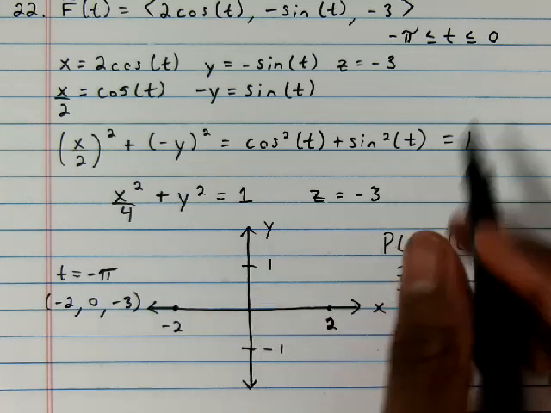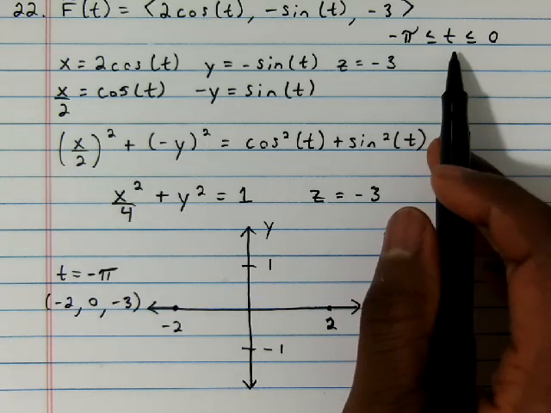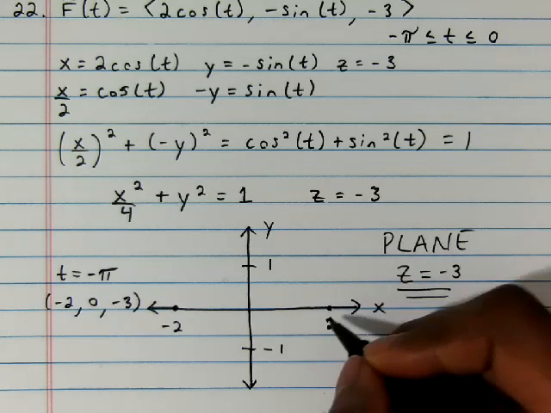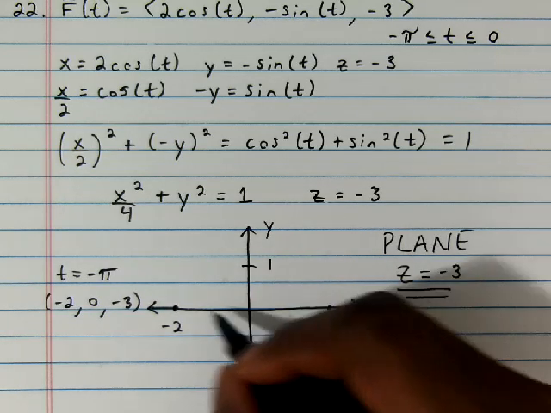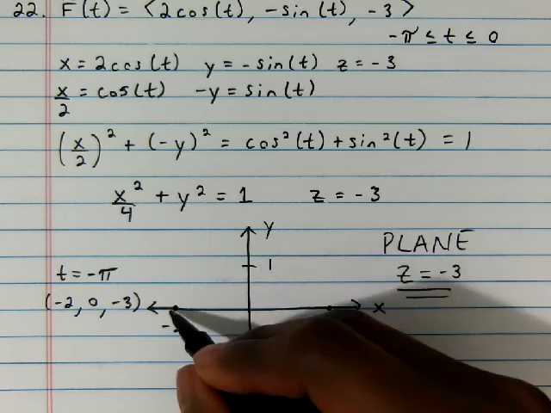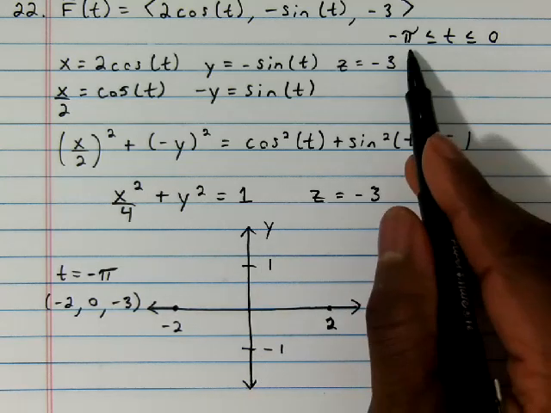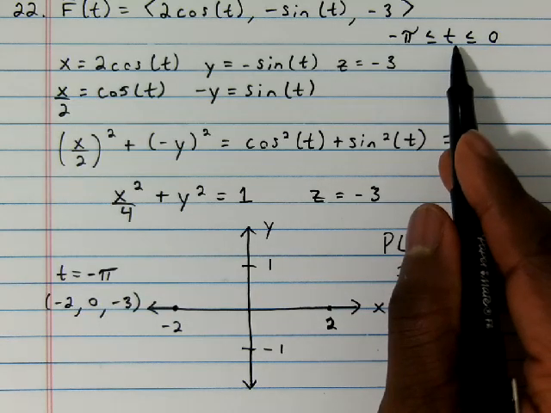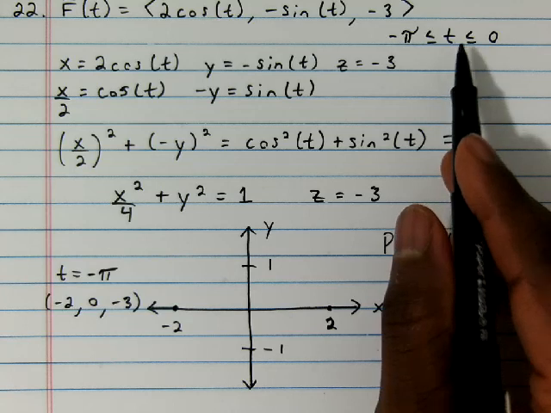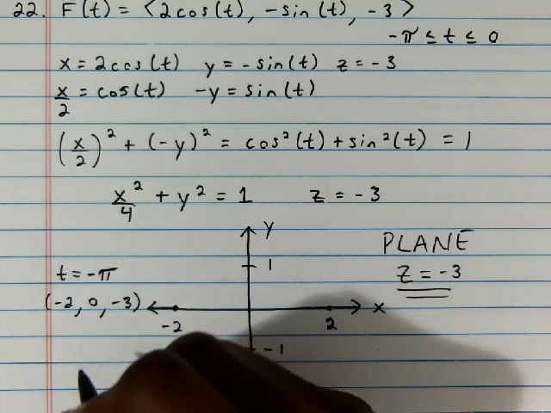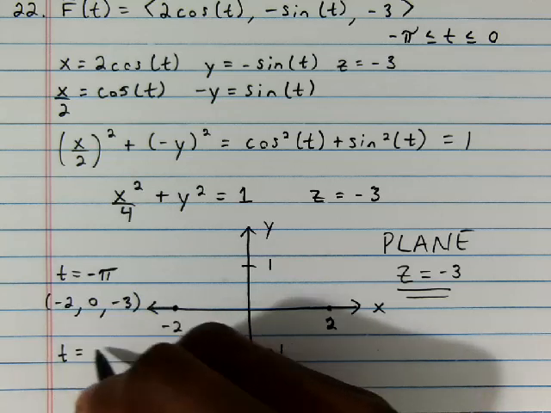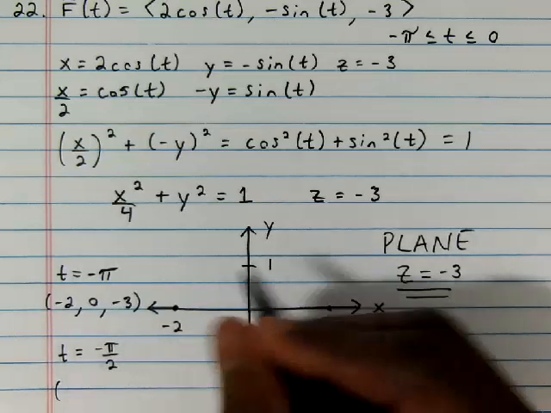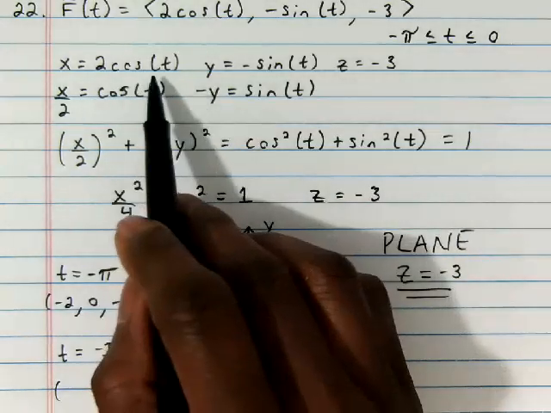Now let's do t equals -pi over 2. You don't want to jump to t equals 0 because for just our luck, t equals 0 is going to put us right there. Then we don't know if we should be going this way or that way. So you don't want to just jump from one end to the other in your interval. You want to do something in between to make sure that you actually are going in the right direction. So t equals -pi over 2, I put that in here.